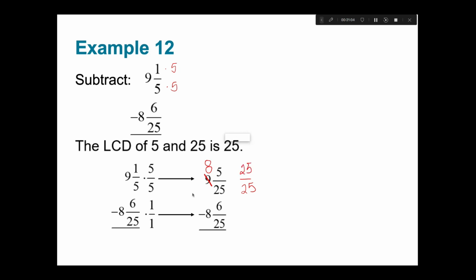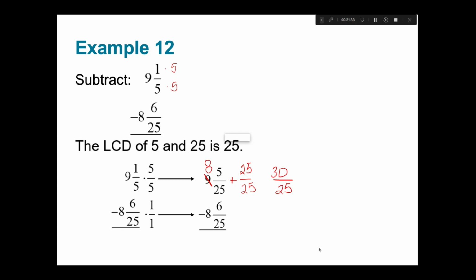So anytime you borrow a whole 1 from your whole numbers, it's going to become whatever your denominator is over the top of itself. Okay, we're looking for that whole 1 that we borrowed. Then we have to add on what we already have here. So 5 plus 25 is 30 25ths.